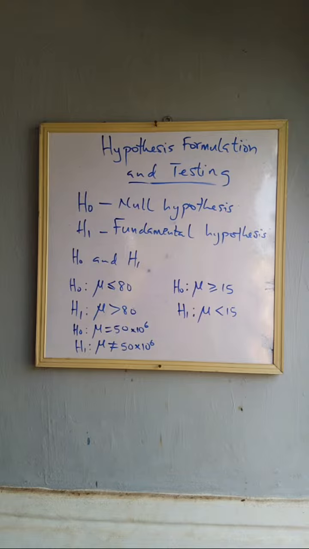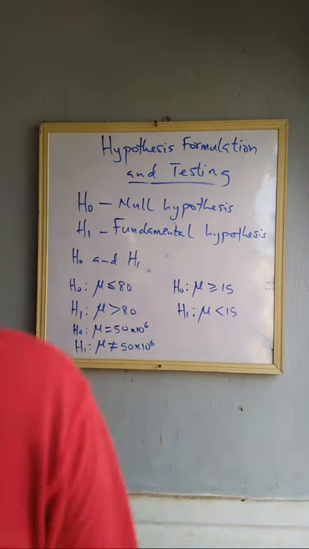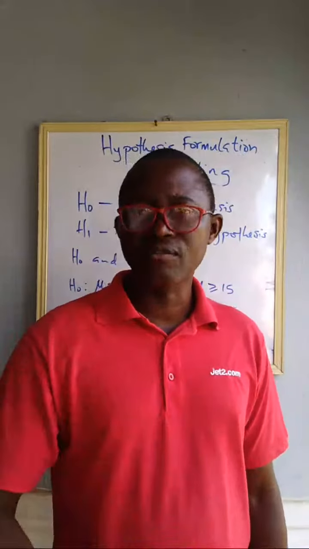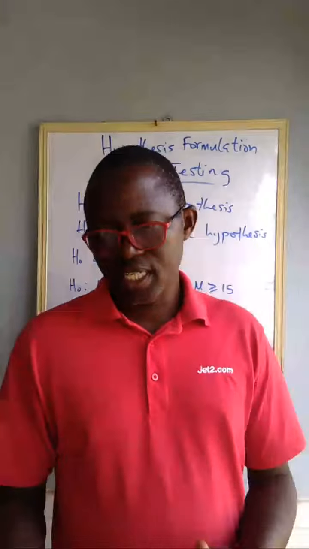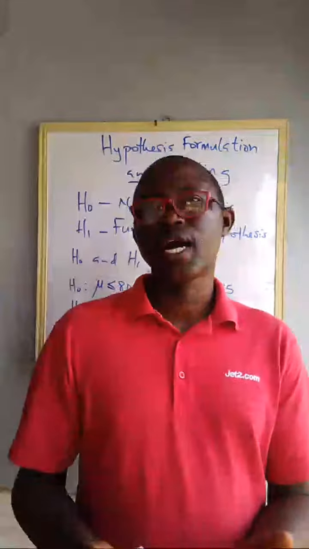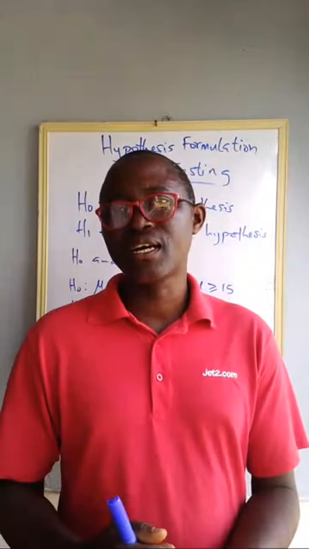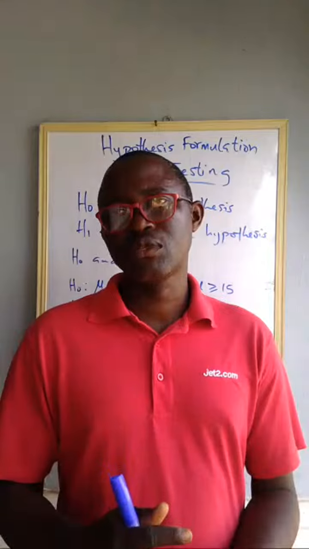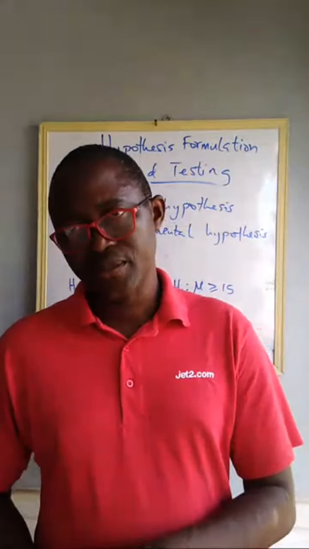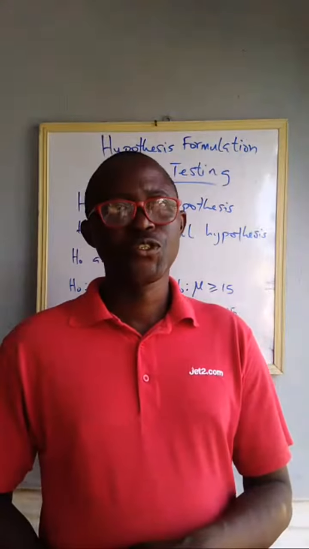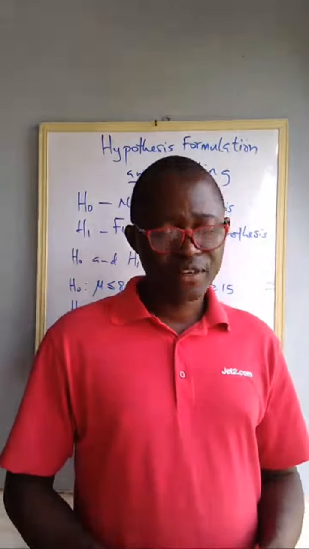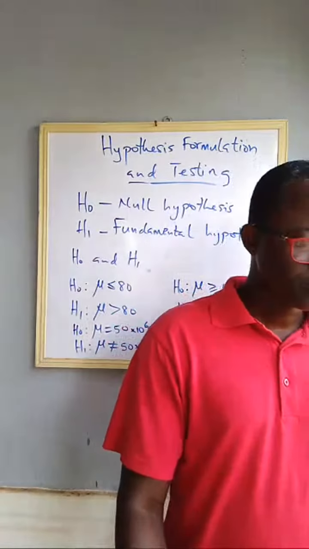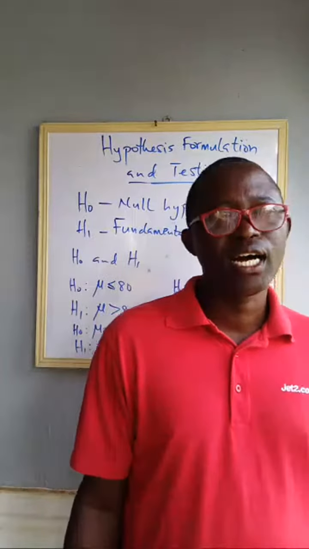So what do we mean by inferential statistics? Those are statistical methods that are used to analyze the quantitative data you have, to compare one variable against the other and show whether there is any significant effect or significant influence between one variable and the other. Okay, so that is inferential statistics, and we have several examples of them.